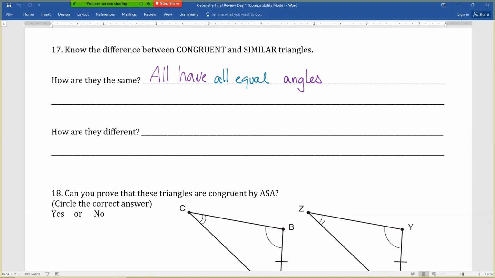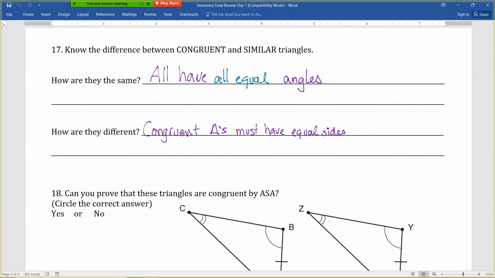Where things get different, congruent triangles must have all the same sides. So for me to have congruent triangles, if I have one triangle with sides 3, 4, 5, the other triangle must also have side lengths of 3, 4, 5.